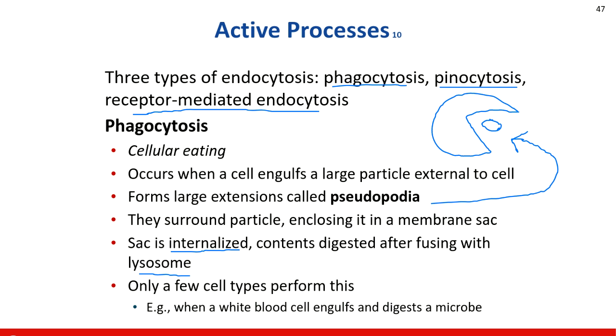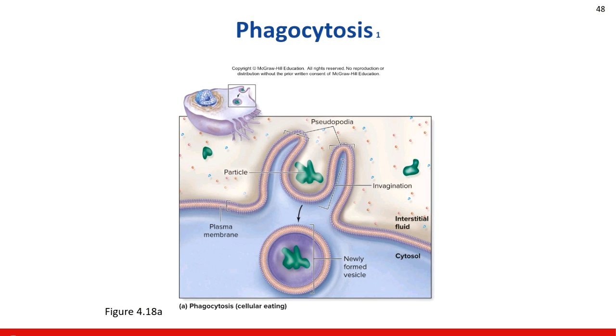So take a look at this picture here. All right? Phagocytosis. You can see here that there's a large particle outside the cell. The cell wants it, so it extends these pseudopods around this particle.